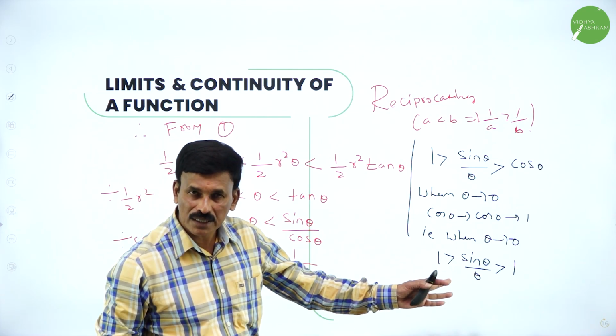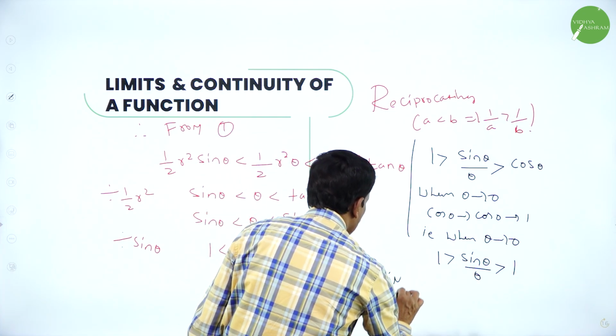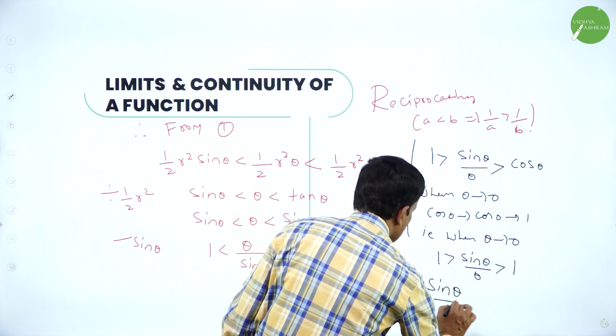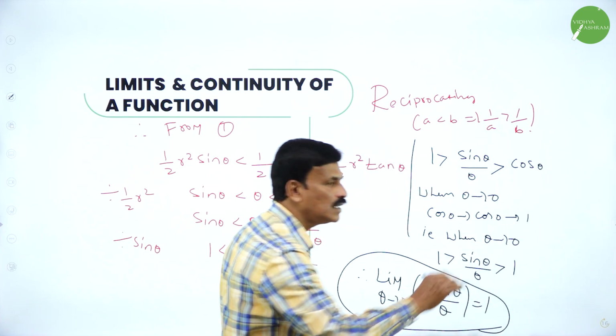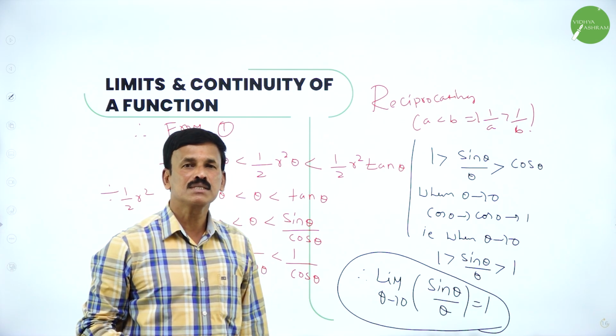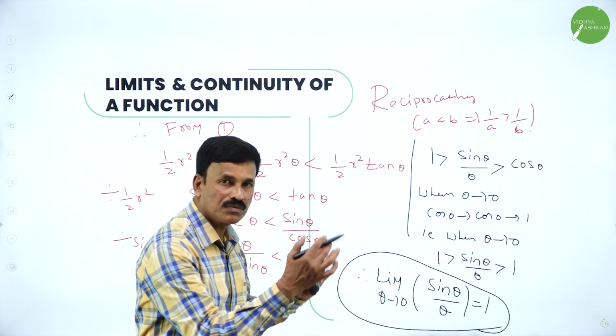This is called the sandwich theorem. Therefore, this can be put in the form of a limit: limit theta tends to 0 of sin theta by theta is equal to 1, where theta is in radians. That's it. So sin theta by theta is sandwiched between 1 and 1.